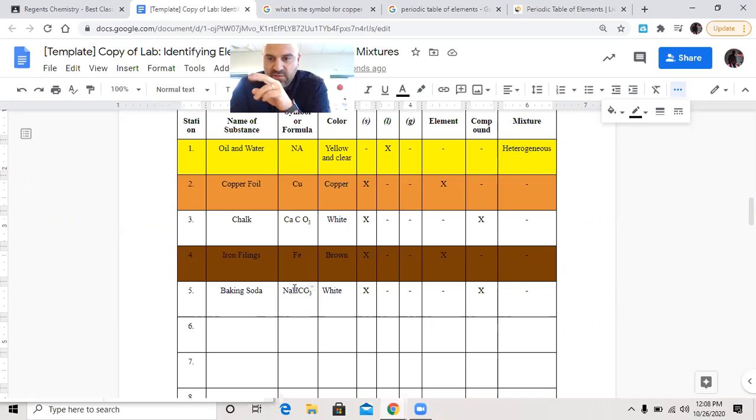A mixture, whether heterogeneous or homogeneous, is going to be like 2 or more compounds together. Like the first one we did was water, which is H2O, plus oil. If I took those two compounds and have them together, that's a mixture.